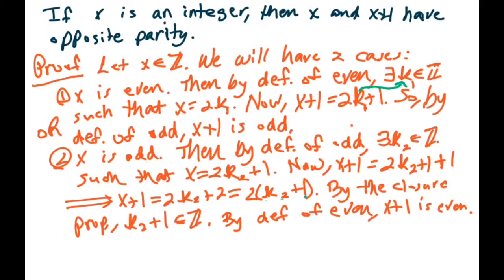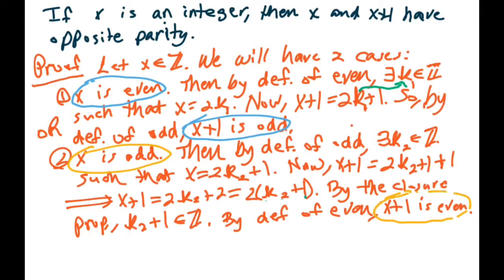All right, so let's see if we're done. All right, so let's look at the first case. First case, we assumed that x was even, and we showed that the next integer, x plus 1, was odd. All right, so that takes care of the case where the first number is even. The next case says, okay, well, what if x is odd? And we actually just showed that the next consecutive integer is even.